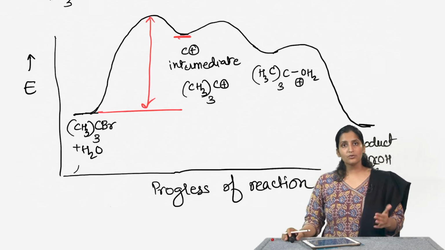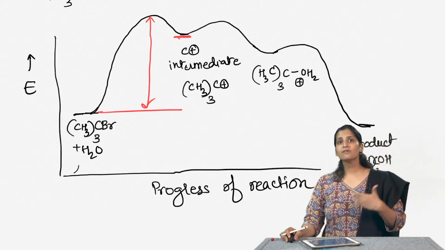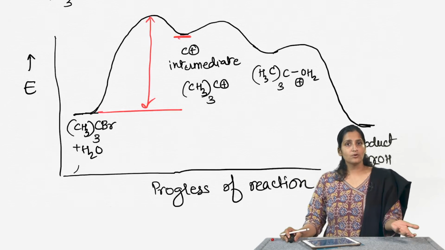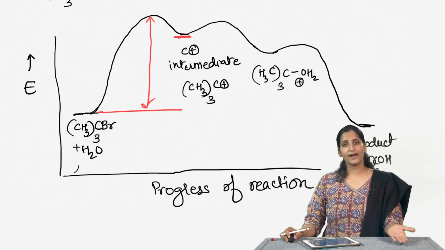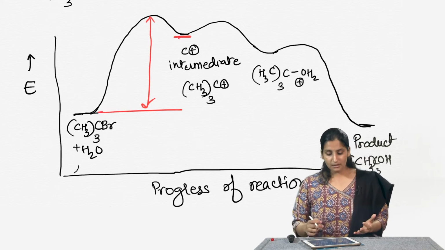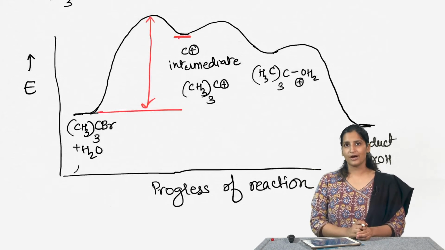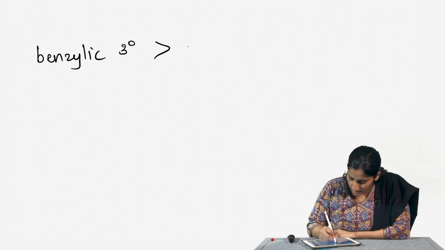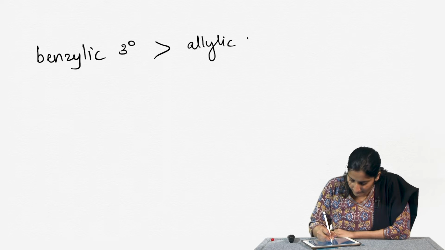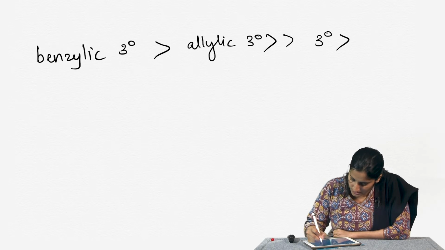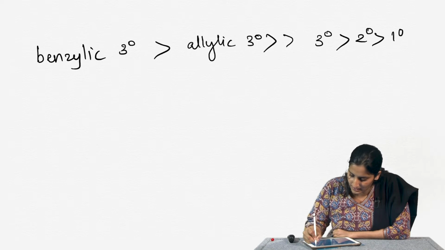And so, whenever we are going over all of these factors that affect the rate of SN1 reaction, we are going to pay close attention to whether that particular factor affects the stability of the carbocation or not. Now, we have seen the stability of carbocations, right, and we had said that tertiary benzylic carbocations are more stable than allylic tertiary, in general, which are more stable than tertiary carbocations, then secondary, then primary.